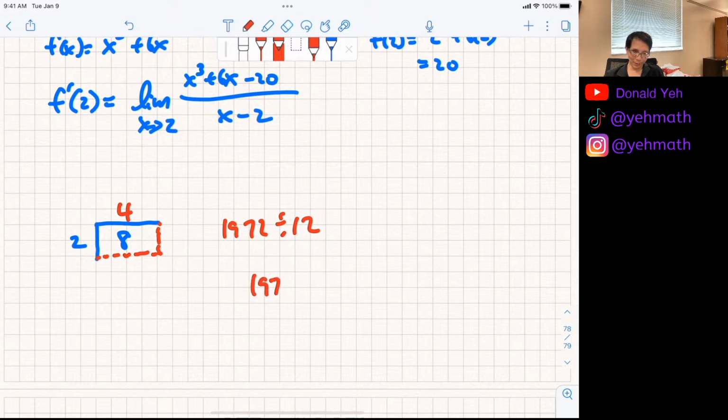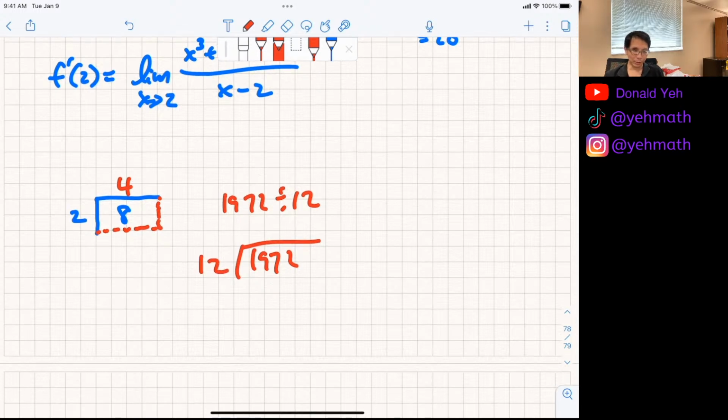It's 1972 divided by 12. If you don't know, you don't start at the first space, because you're only looking at the 1, and 1 cannot go into 12. So you go to the second space to start. That's 12, and 77, and the 6.